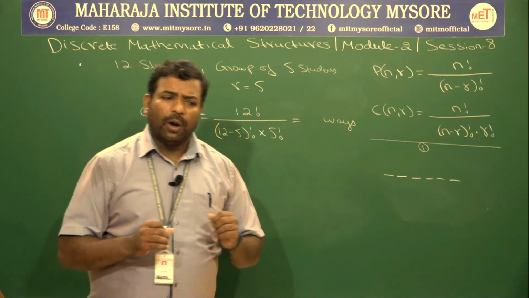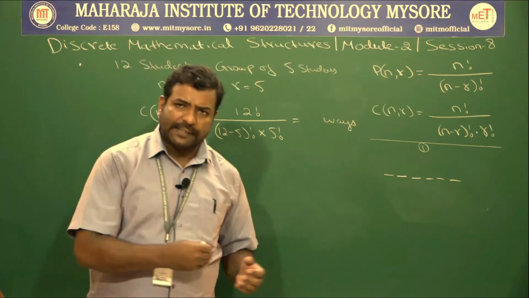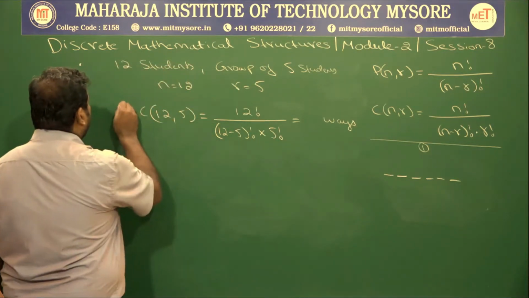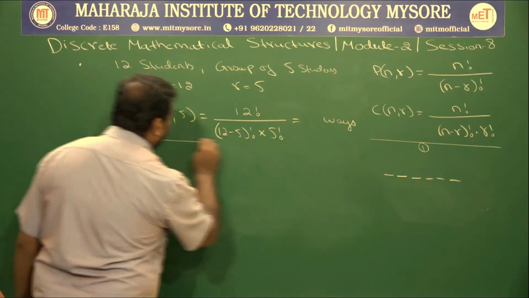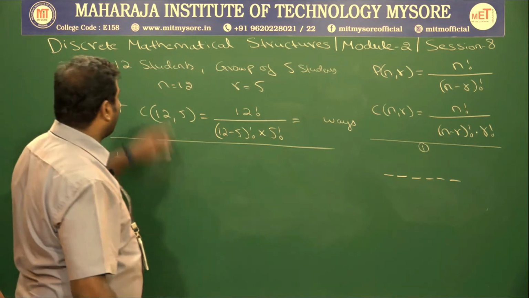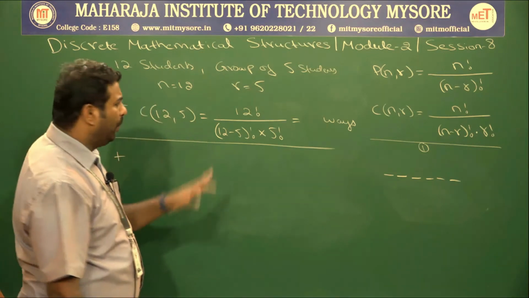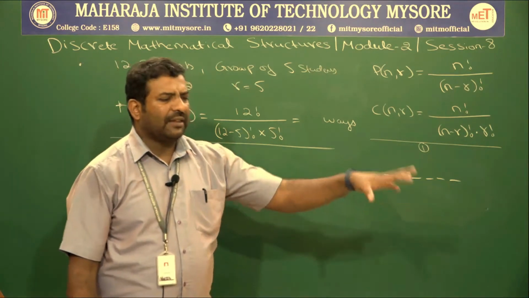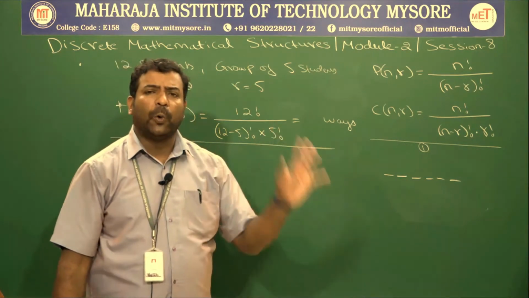So now, how many options have I got? How many ways do I have in doing this? Let me take the next case, where I am going to pick a student from the 12 students as group leader. I can pick the first, second, third, and all 12 options are open for me.